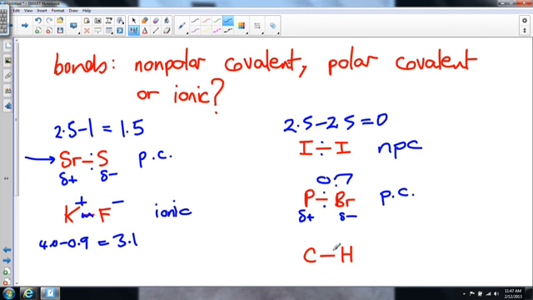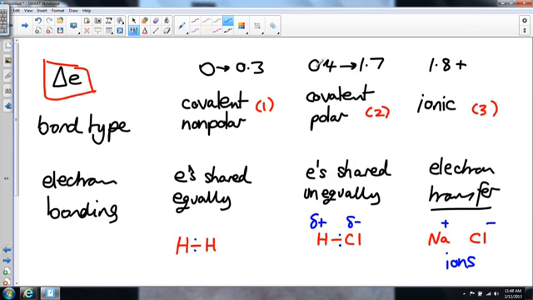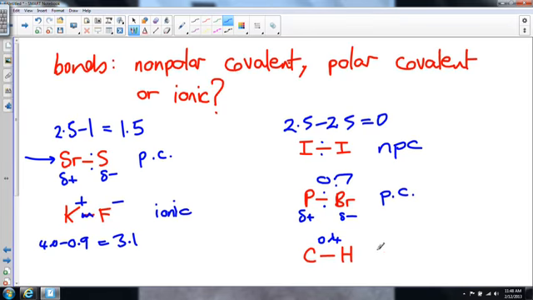And for carbon and hydrogen here, carbon's electronegativity is 2.5, hydrogen's 2.1, giving us a difference of 0.4. Technically, according to our table, that puts it right at the boundary of non-polar and polar covalent, which means it is classified as polar covalent, but only very slightly.